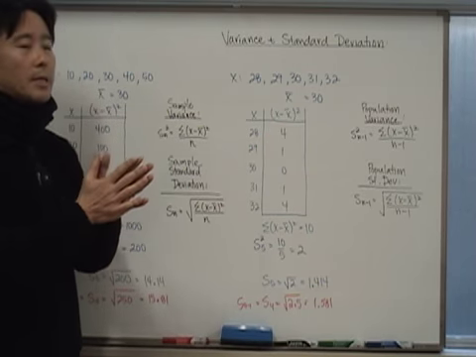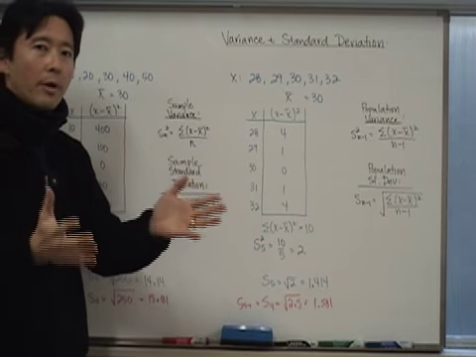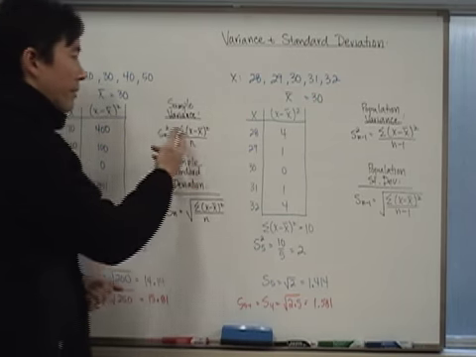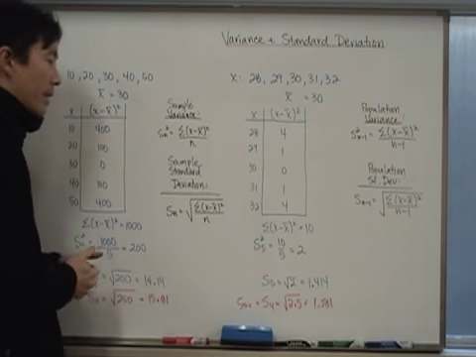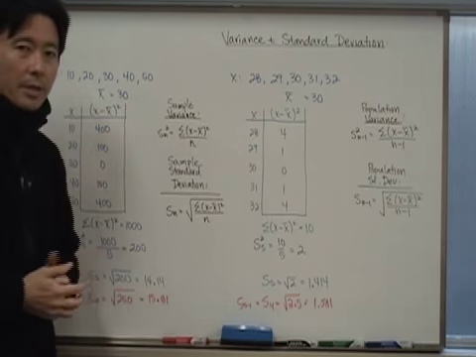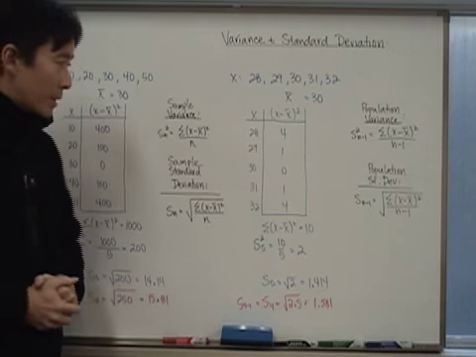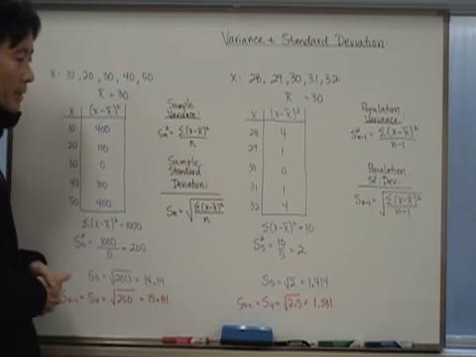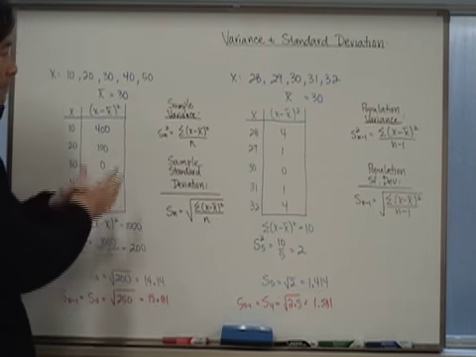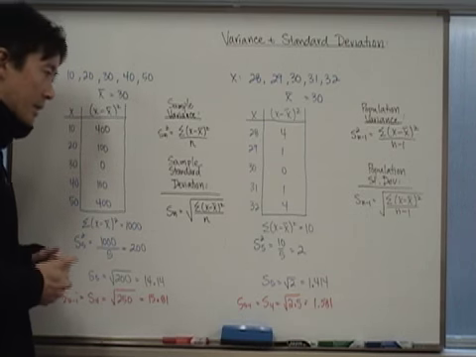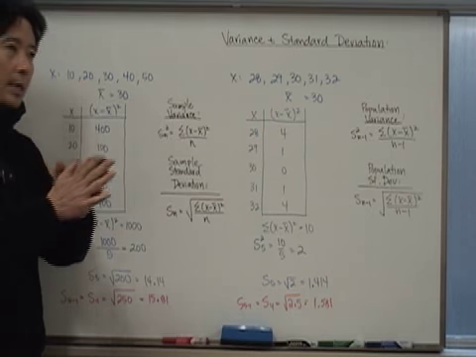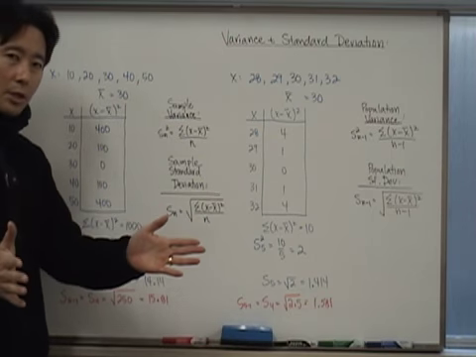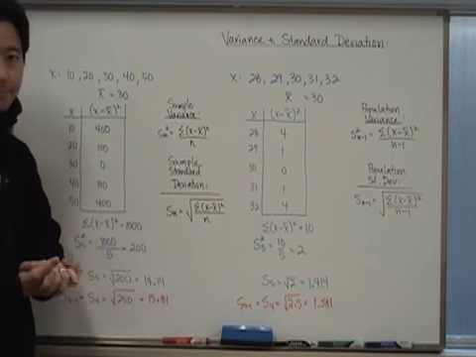You're coming out with basically the average squared distance away from the mean. And that's what the variance is giving you. And then if we take the square root of that, we come out with what is called the standard deviation. So that's what's happening here with regards to sample variance and sample standard deviation, as a means by which we can mathematically describe how spread out the information is from the mean.